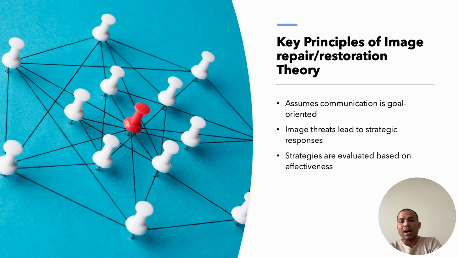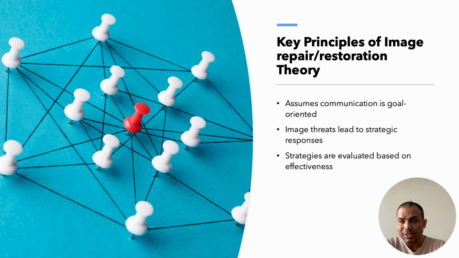So what are the key principles of this theory? Basically, this theory is about communication that is goal oriented. The purpose of the communication in this theory is to mitigate the problem or challenges that have happened.